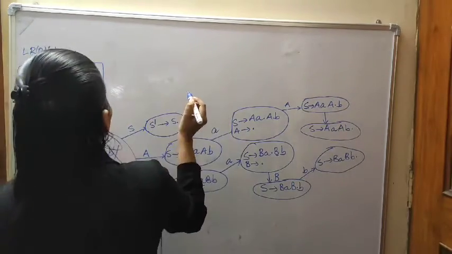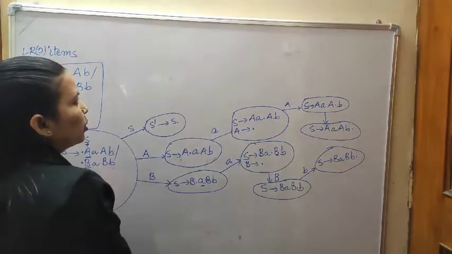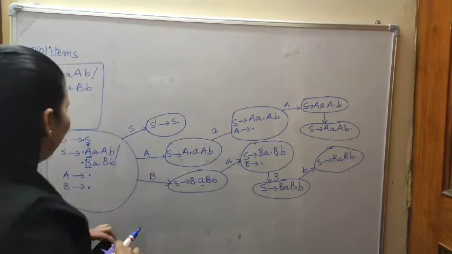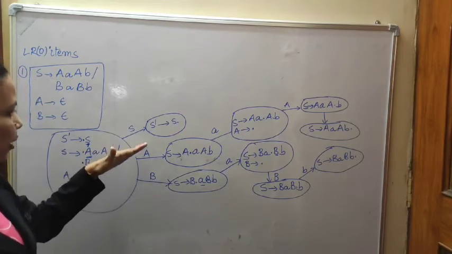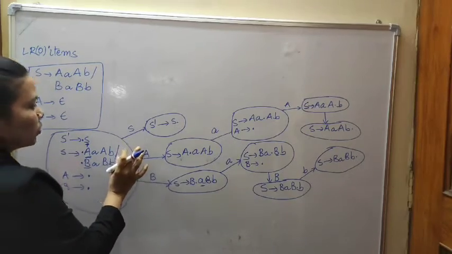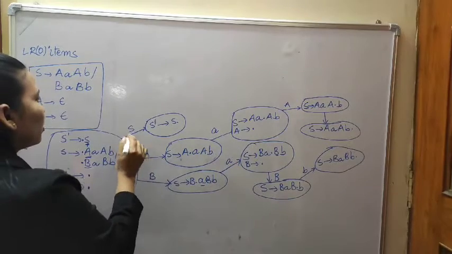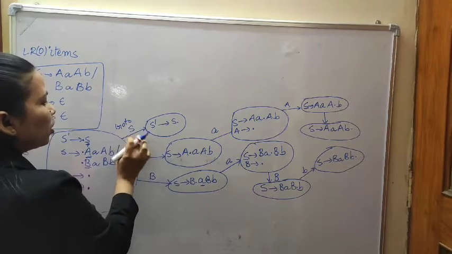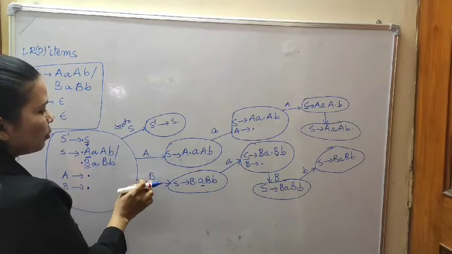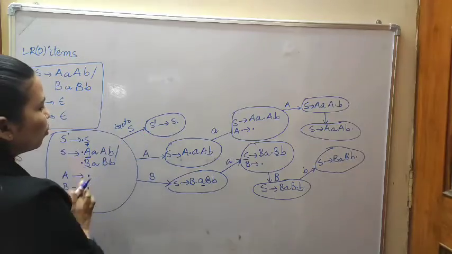Now check it for the parser table. The parser table, I already told you, the circle is called closure. If you are going on any non-terminal variable, this part is called the go-to part. Suppose S, A, B all are non-terminal variables, so that is why this is the go-to part.